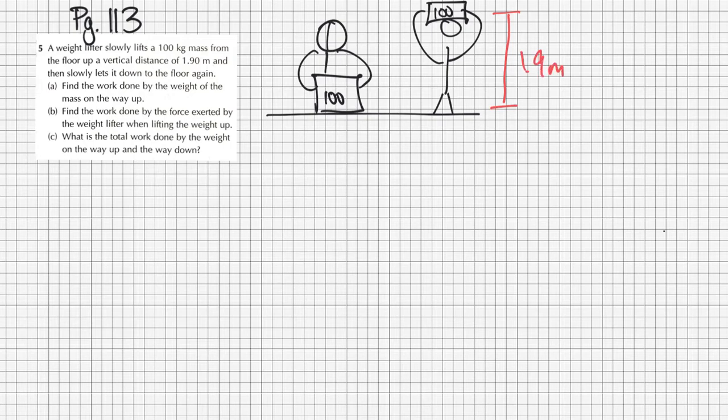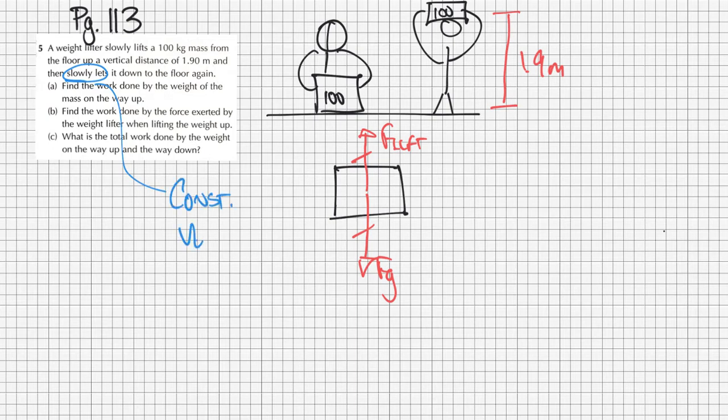Now, if we look at the forces, we're going to have the weight or the force of gravity pointing down, and then we're going to have the lift force pointing up. And what I would say is that those two forces will be equal, because when it says it's going to move slowly, I would interpret that as a constant velocity.